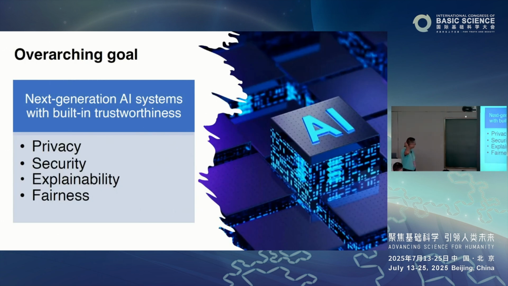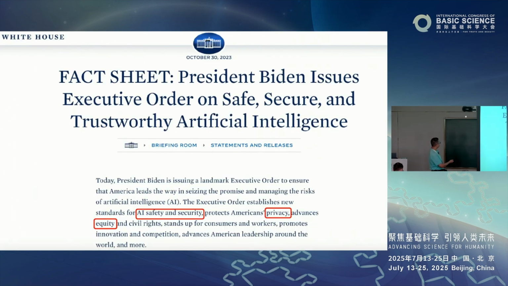So in the age of AI, a number of important issues are there in order to have a trustworthy AI product. And some of the key elements include privacy, security, explainability, as well as fairness. All right.